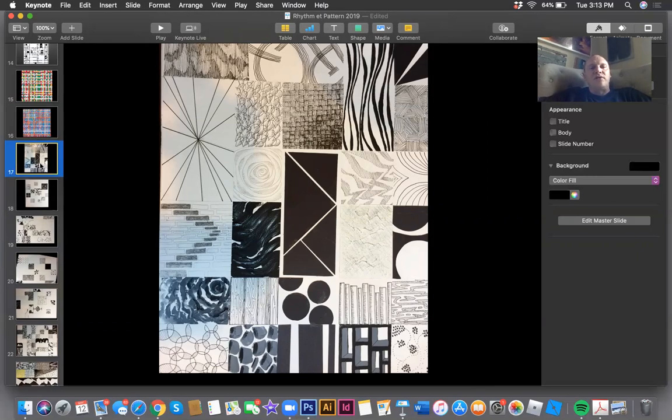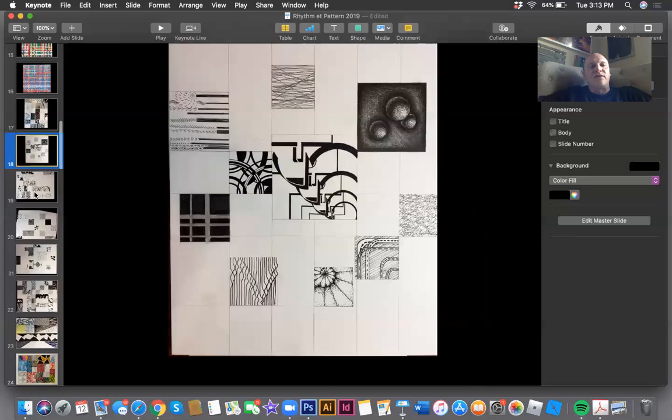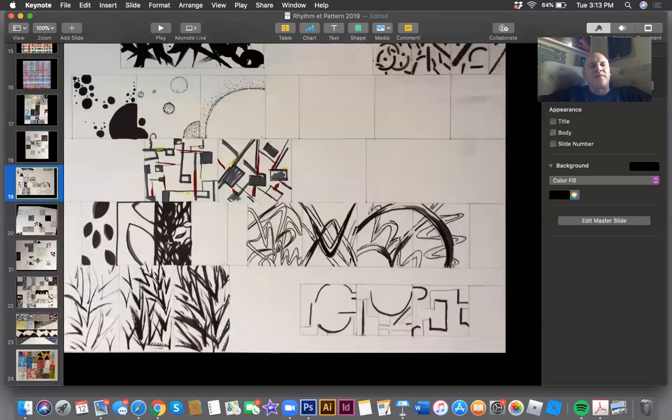So pens, pencil, paint, collage, markers, however you want to go about it. Now, the instructions give you instructions on gridding out the page. But the minimum you could do is 10 examples of rhythm. And obviously, filling out a whole page makes things a lot more interesting.